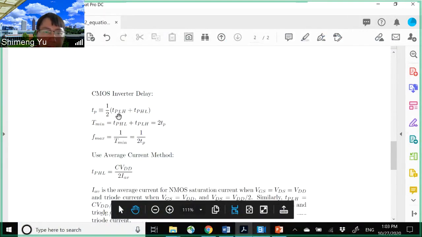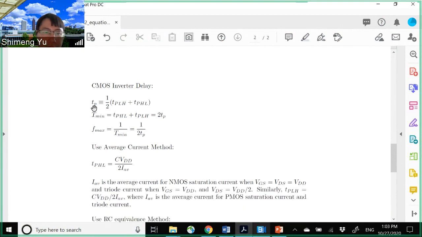And then delay. The propagation delay is defined when the signal propagates through the inverter. You have the rising edge and falling edge, or low to high and high to low transitions, so it's an average of those two.